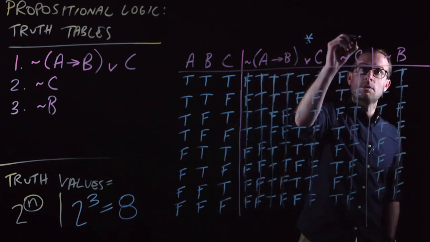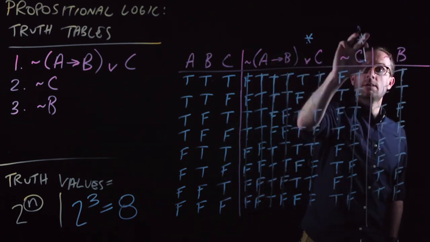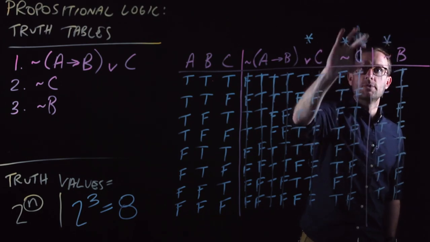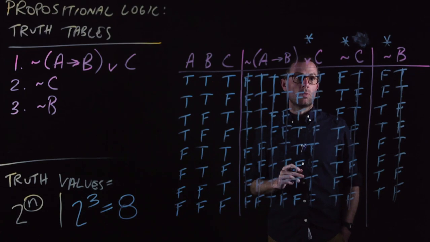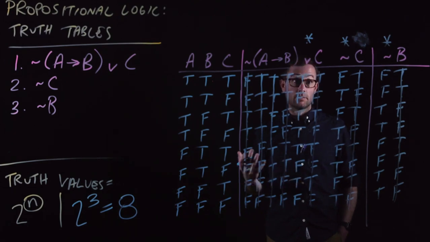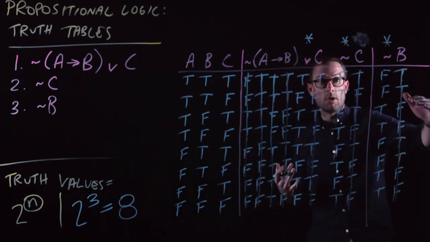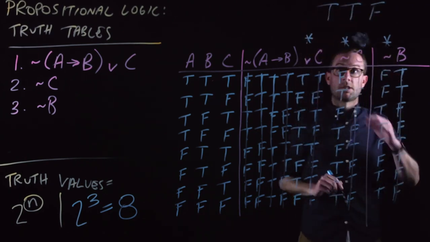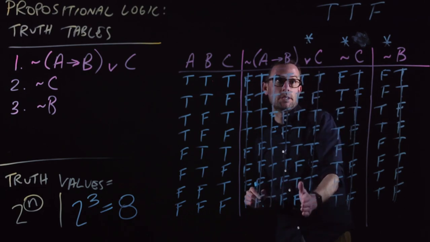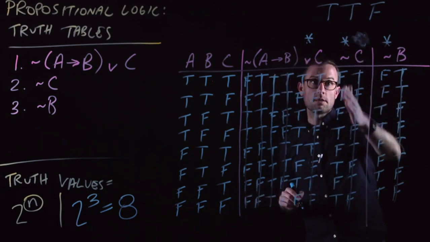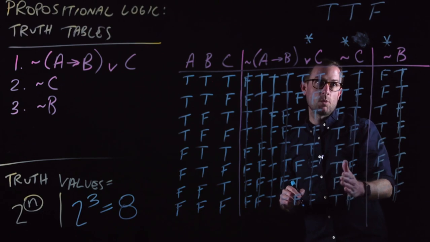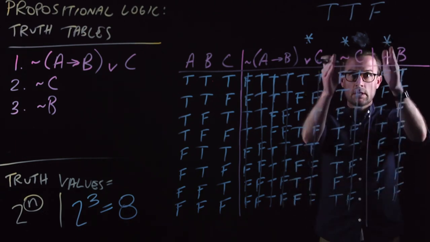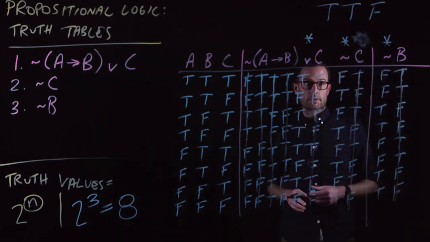Now I'm going to notate where I want to look in terms of truth values. I'm going to look under the wedge, under the negation in the second premise, and under the negation in the conclusion, because the negation is operating over both of those letter variables.